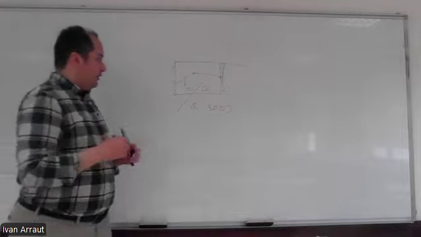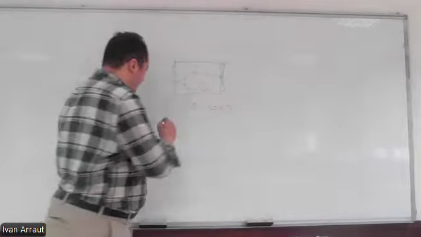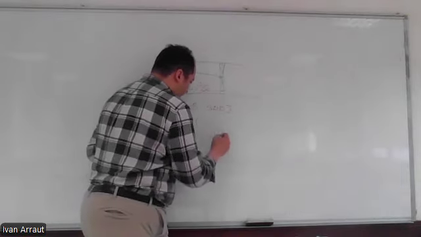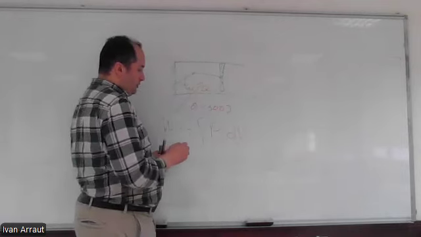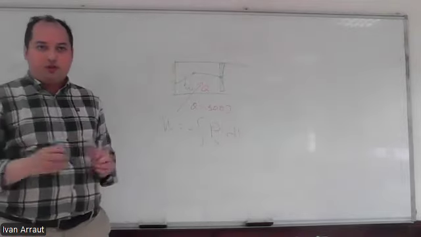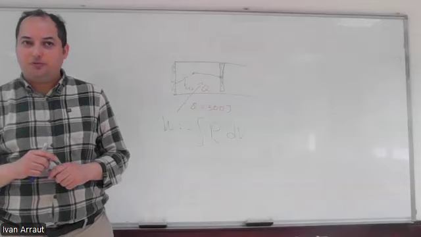And do you remember that we defined the work for a piston? The work is minus the integral of pressure times differential volume. Let's assume a constant pressure process. What's the name of the constant pressure process? You forgot?